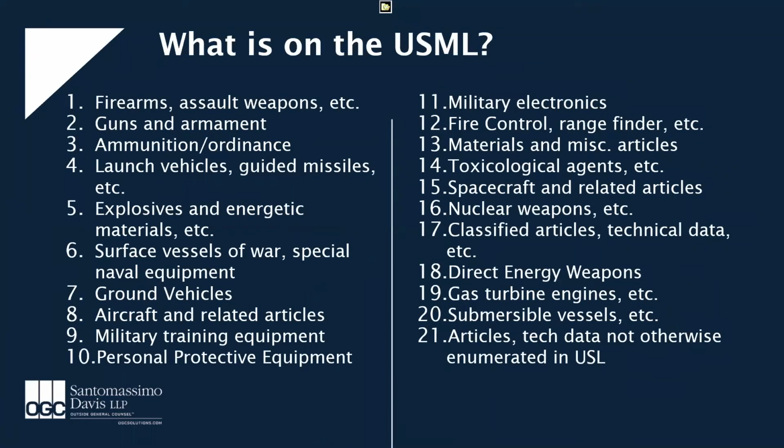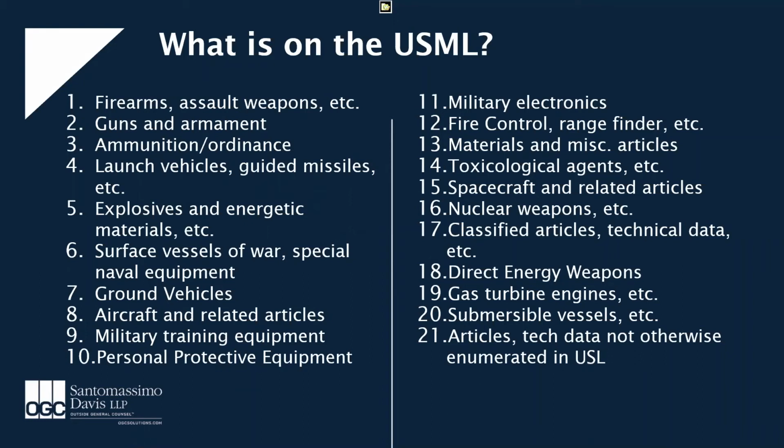So what's on the USML? There's 21 categories here, ranging from firearms to explosives, surface vessels, ground vehicles, directed energy weapons, and also the catch-all Article 21.